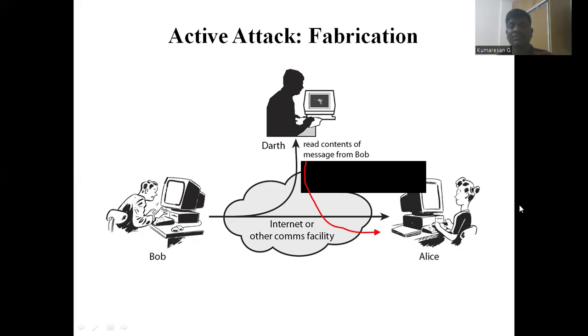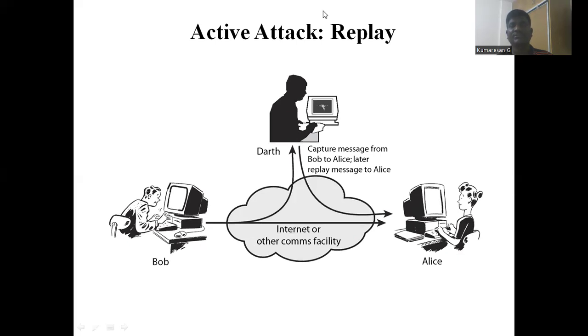What will he do? He tries to read the message, modify the message, and finally send it to Alice. So we call this an active attack. This figure explains it clearly. Whenever Bob sends a message, Dart receives it, alters the message, and finally sends it to Alice.